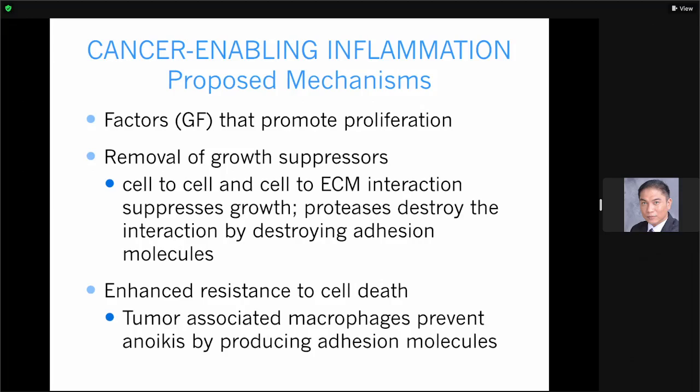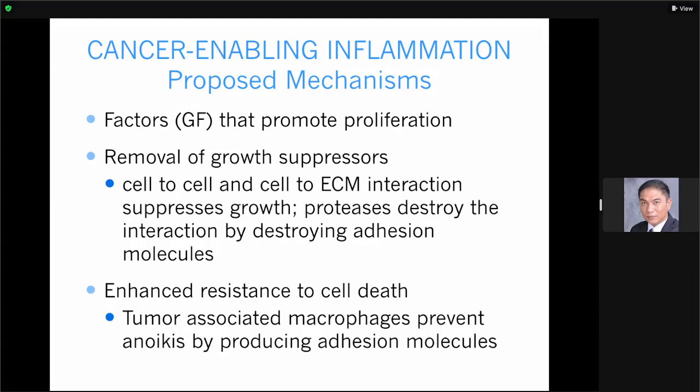And so with the tissue damage, there will be repair. And for these processes to occur, there has to be secretion of growth factors. These growth factors can also act on cancer cells. They can also promote proliferation of cancer cells.